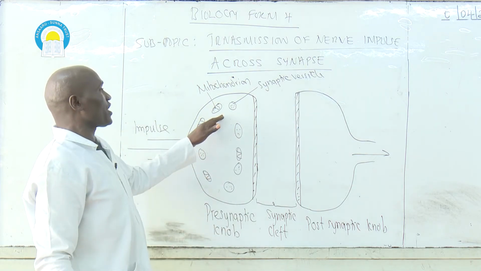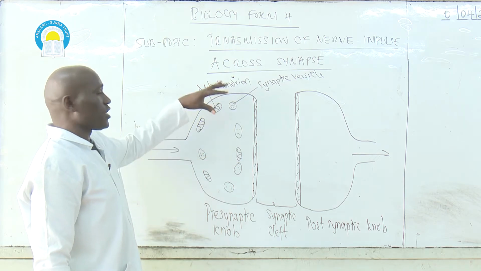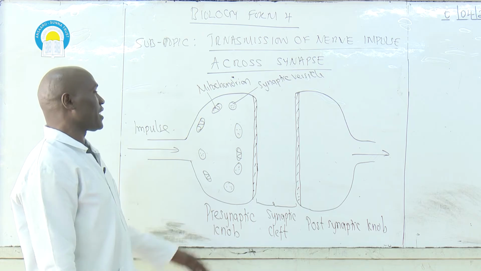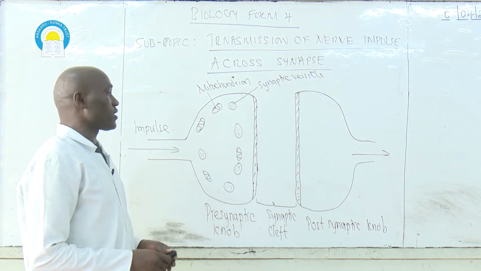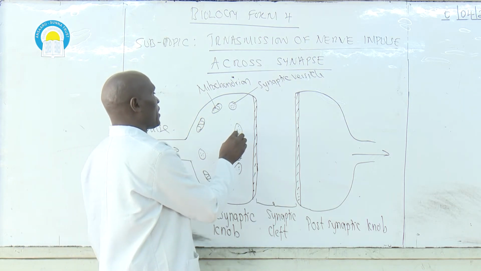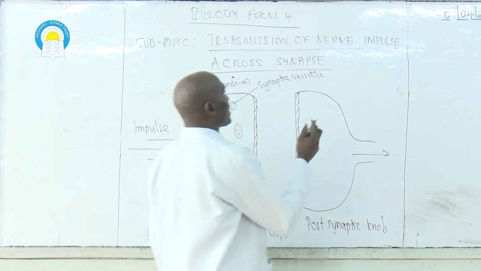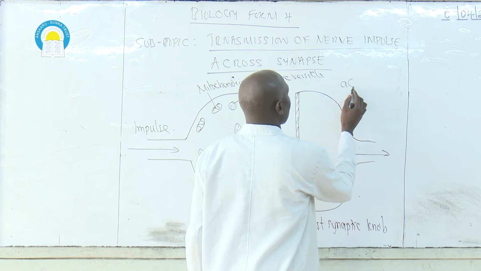The mitochondria are to provide energy within presynaptic knob. Synaptic vesicles contain a chemical transmitter substance known as acetylcholine.